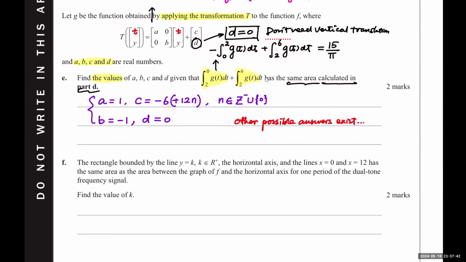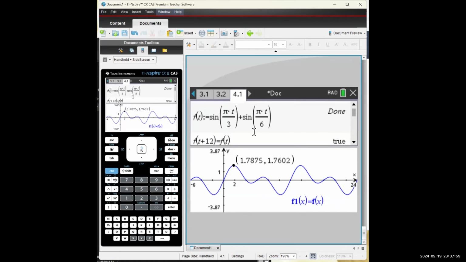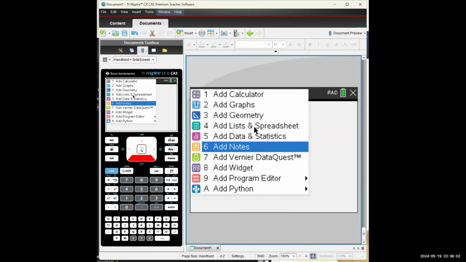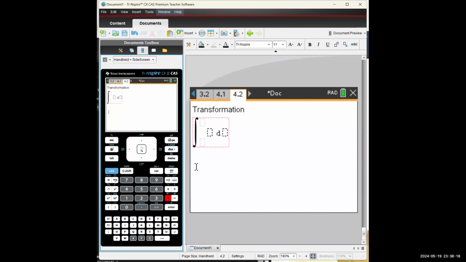Well, how do we check if our answer works? Probably I could show you something. This is problem 4.1, where we have defined f of t. So I could add in a note page for the transformation. Let's put in the math box.